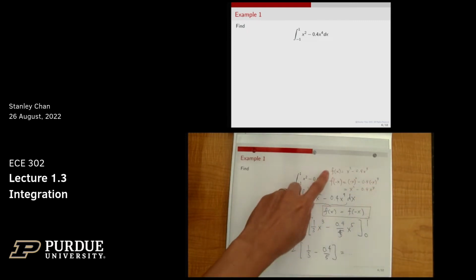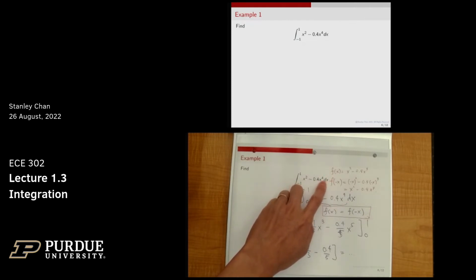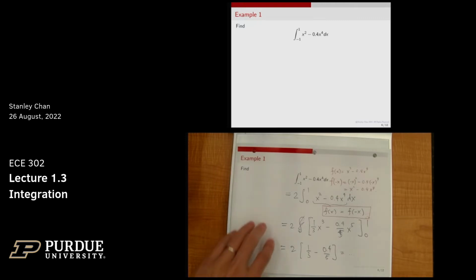So this f(x) is the same as f(-x), and therefore it is an even function. If you have a computer, you can actually plot the function, and you can see it is symmetric about the y-axis. Is it okay? All right.